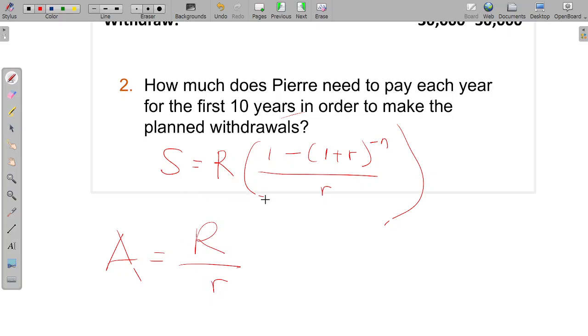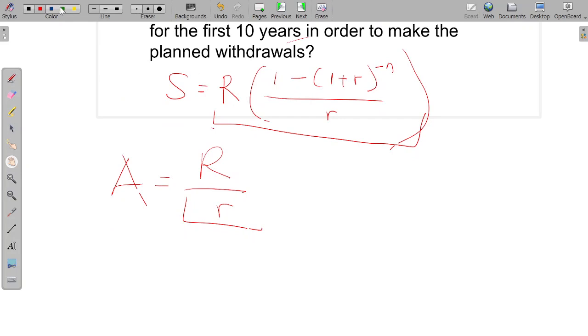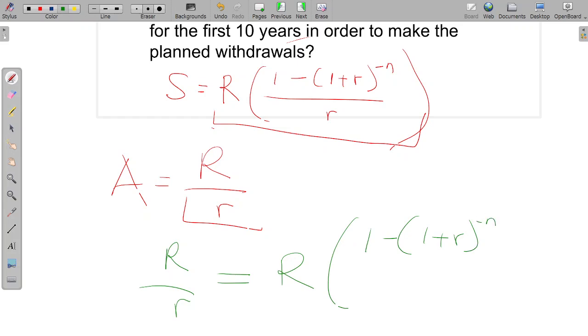Okay, so this part will be equated to this part, because he was depositing in order to withdraw for the rest of his life. So the formula will be something like this: R over small r equals 1 minus (1 plus r) to the power of minus n, over r.